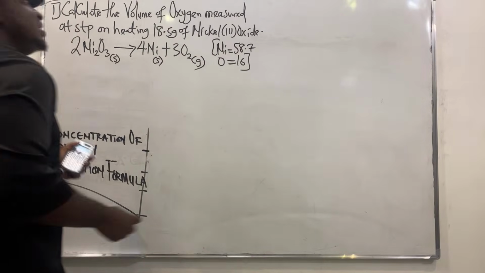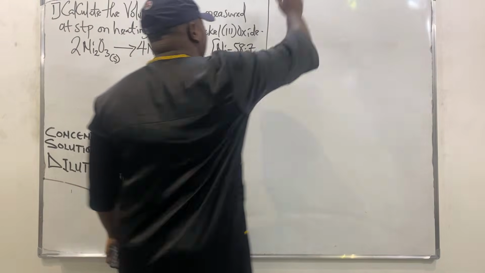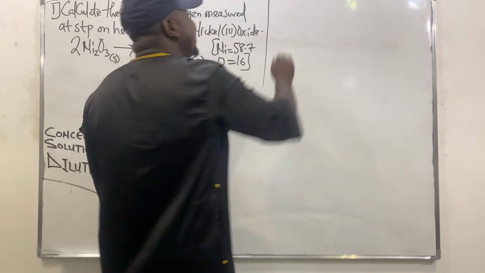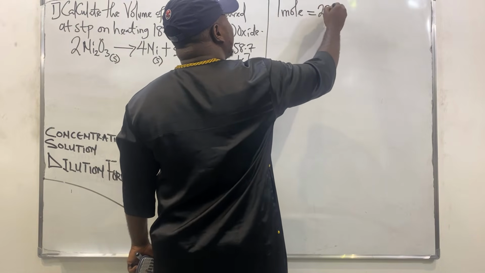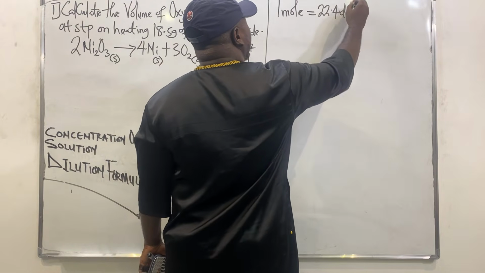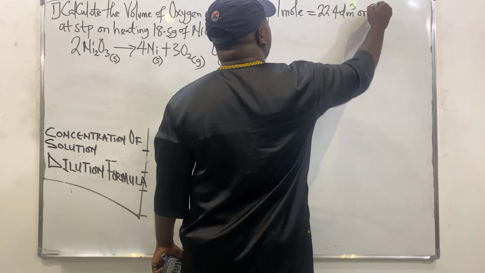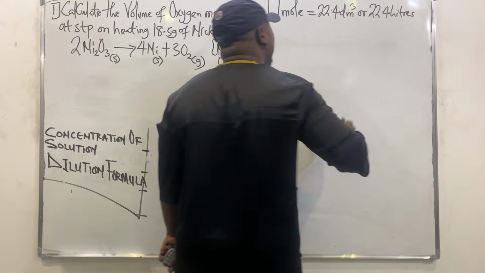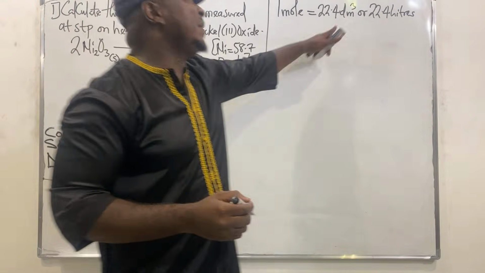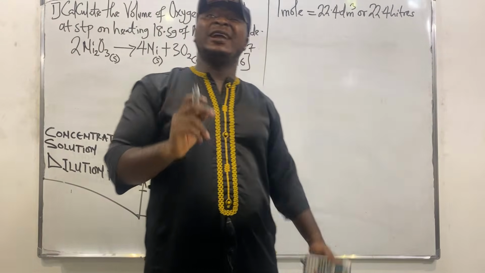Class, it's now time to use what we call the molar volume. Are you aware, class, that 1 mole of any substance is equivalent to 22.4 dm cube or 22.4 liters? Note that dm cube and liters have the same value in chemistry.